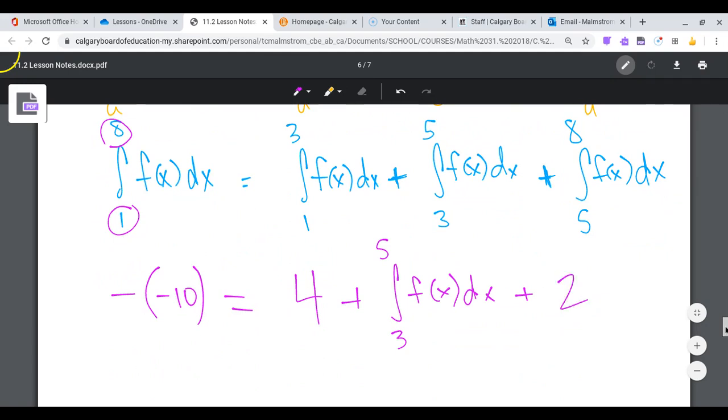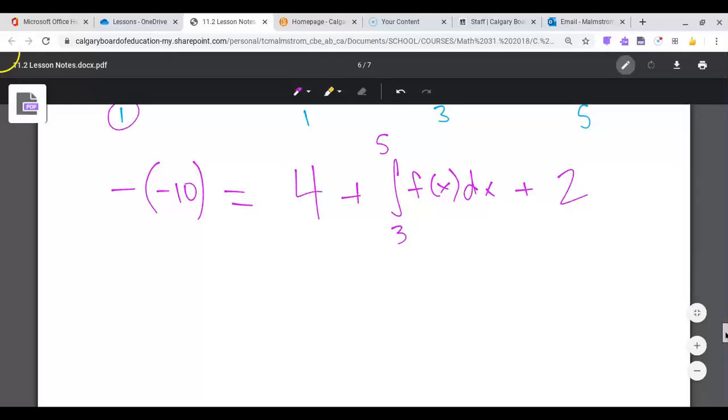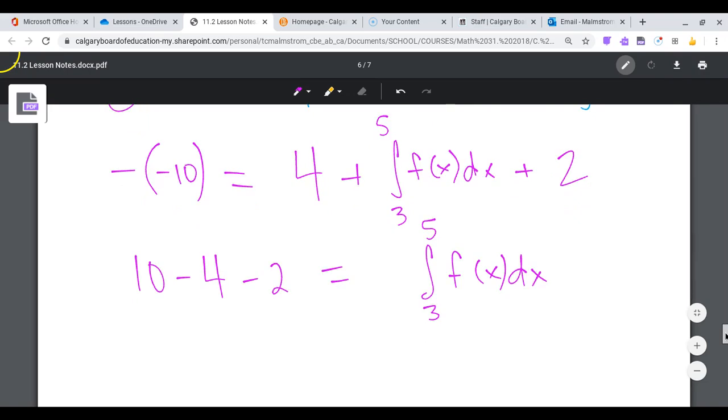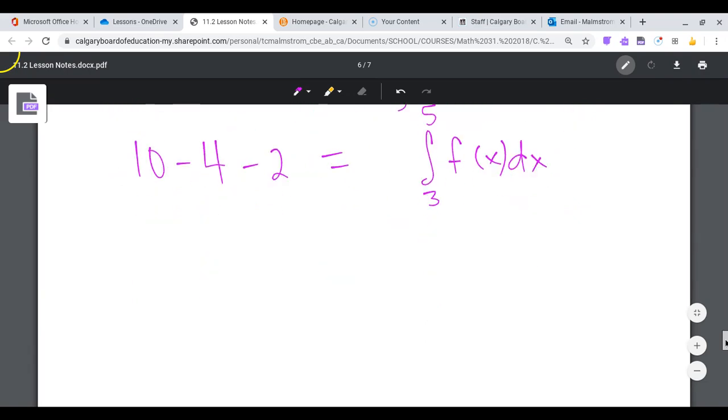Okay, and so I'm going to isolate this. I have 10 subtract 4 subtract 2 is equal to this integral from 3 to 5. And 10 minus 6 is 4. So what does that tell me? It tells me the integral from 3 to 5 is 4.